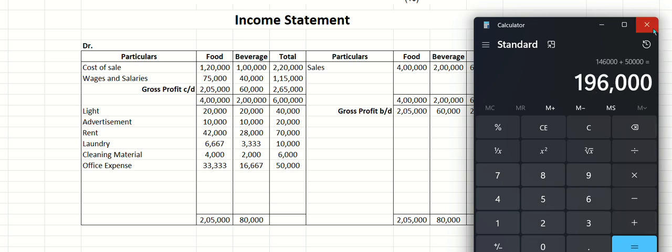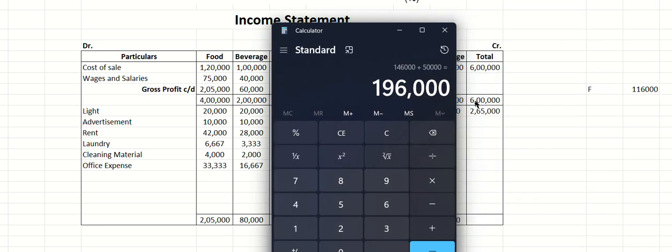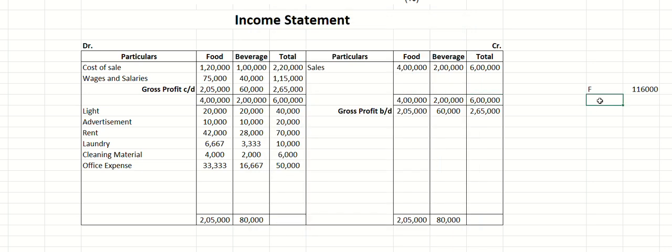Okay, fine. Together we have 1,96,000 as our expense, but our income is 2,65,000. So you can write it somewhere. 1,96,000. Okay, fine.